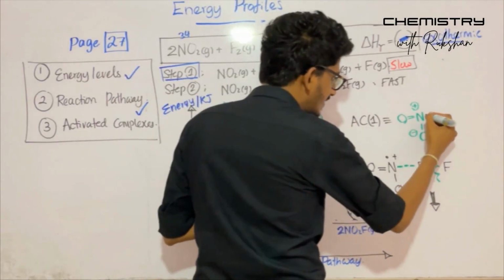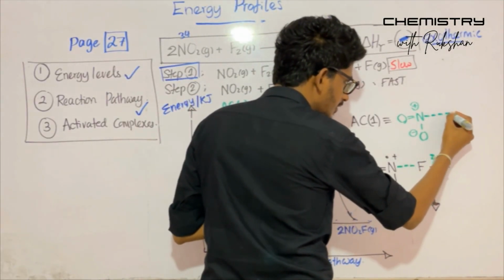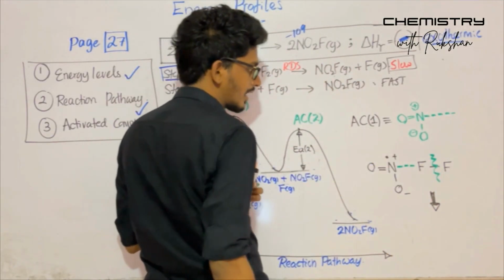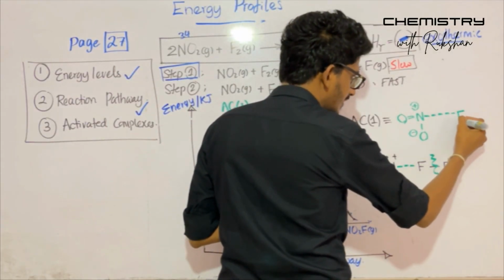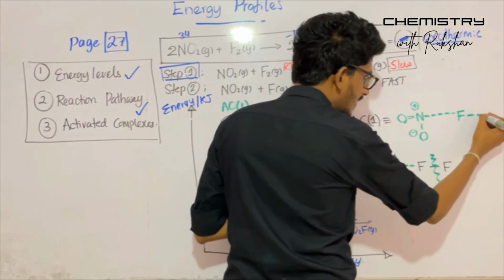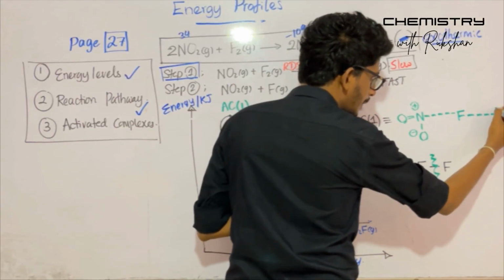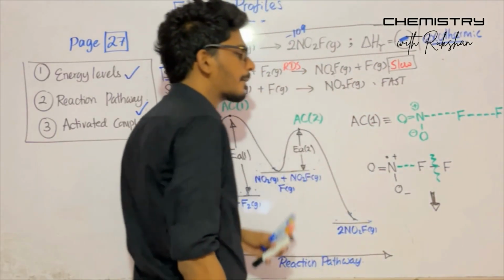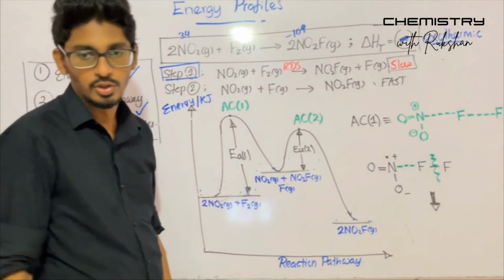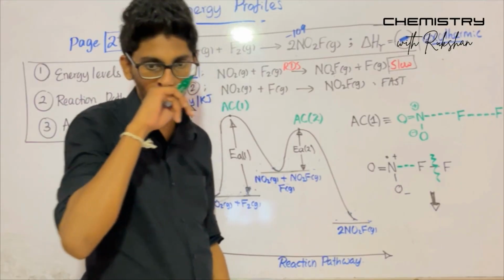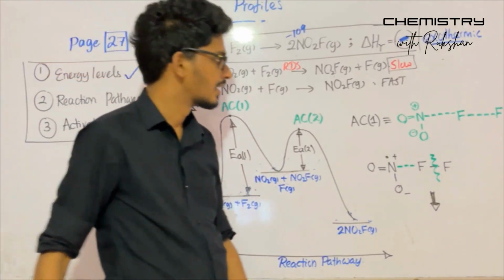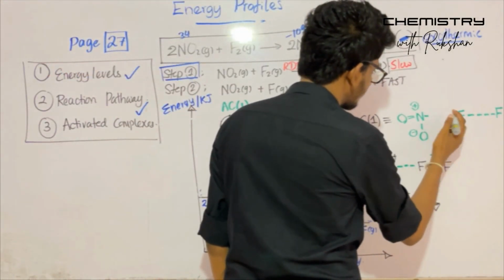And this is a bond which is to form, marked in dotted lines. F is there. This is the other bond which is to break. So the bonds breaking and the bonds forming should be marked with dotted lines.